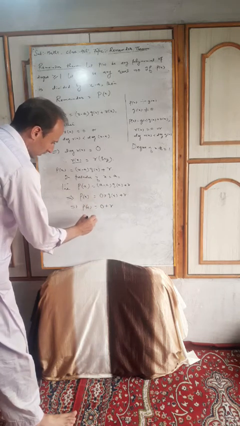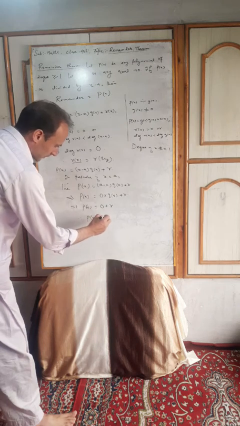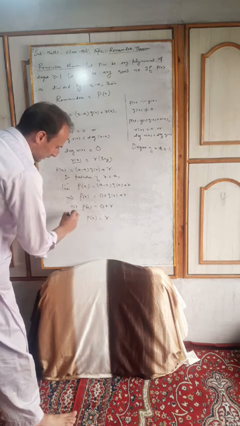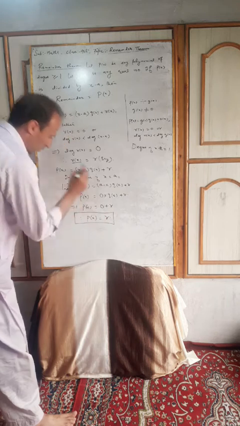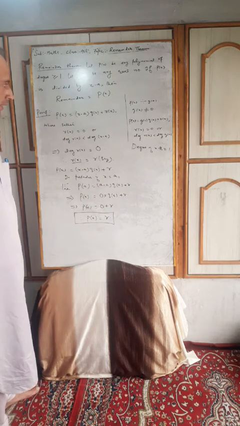Therefore, p of a is equal to r. That is, the remainder is always equal to p of a.